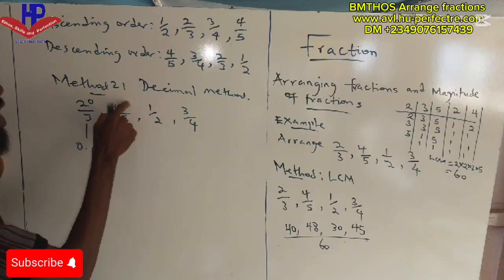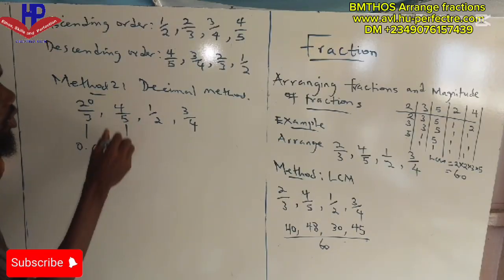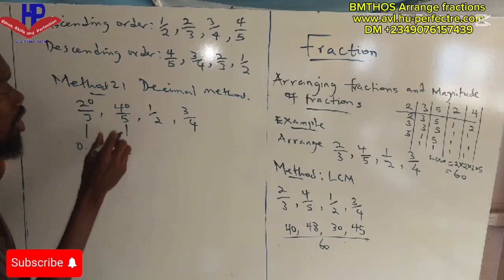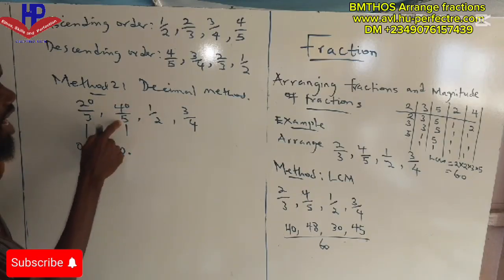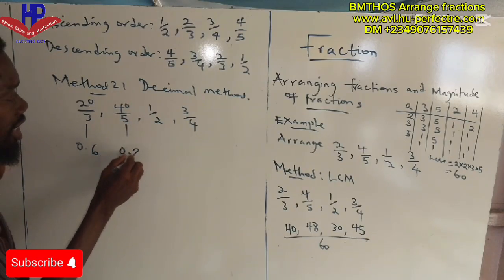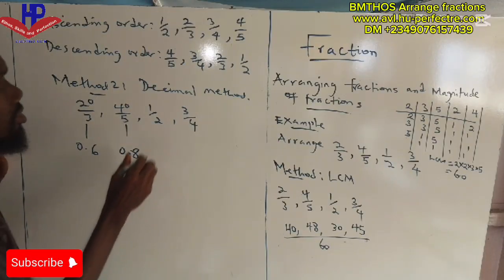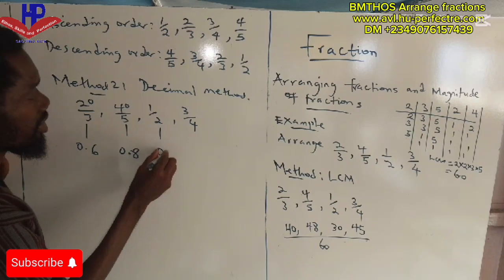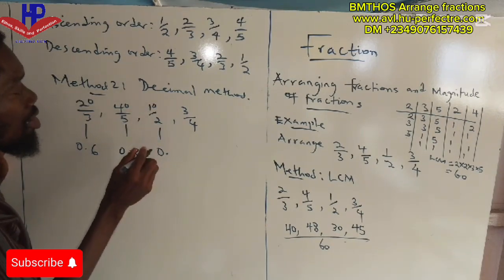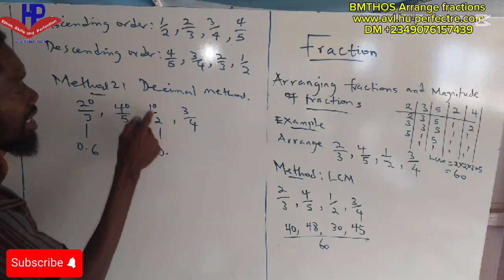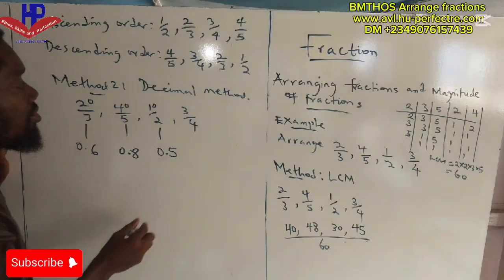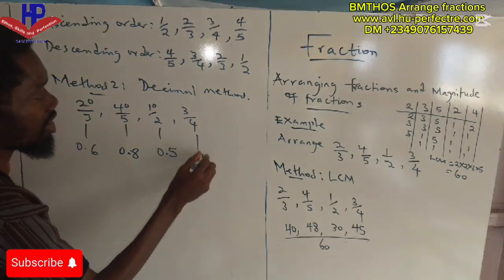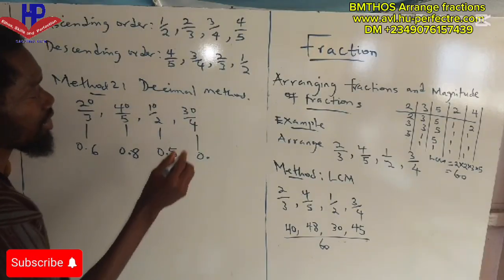4 divided by 5: 5 cannot go into 4, so I'll put a 0 and a point, and now add 0 to 4, that becomes 40. How many 5 are in 40? That will be 8. 1 divided by 2: 2 cannot divide 1, so I'll put 0 point, add 0 to 1 becoming 10. How many 2 are in 10? That will be 5. 3 divided by 4: 4 cannot divide 3, that will be 0 point, add 0, that becomes 30.